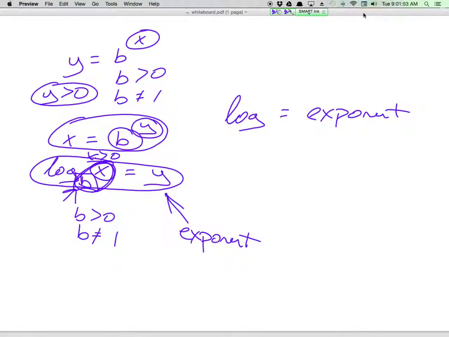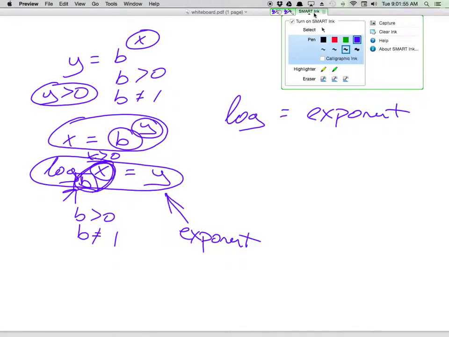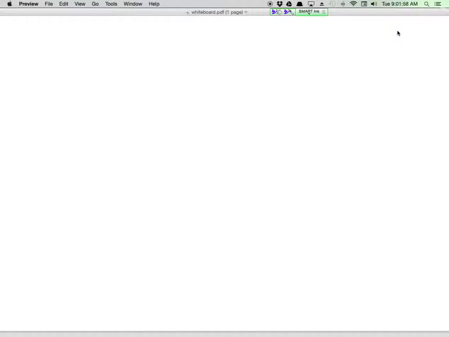All right, so now that we have that set up, let's do an example, and then we're going to go through 4 properties. So let's say I have log base 3 of 81, and I want to evaluate this. Can anybody tell me what this is asking me to find?